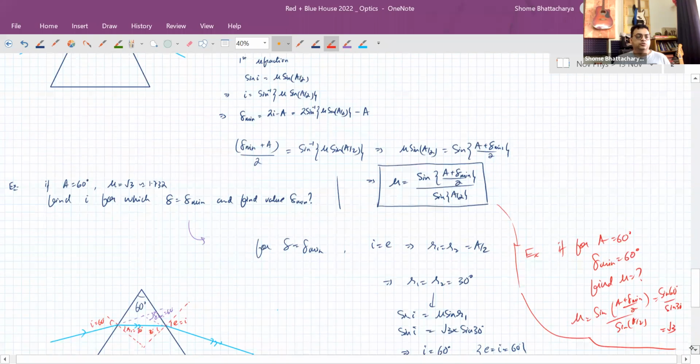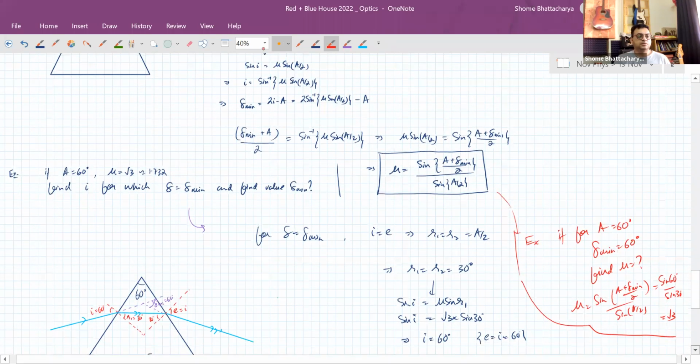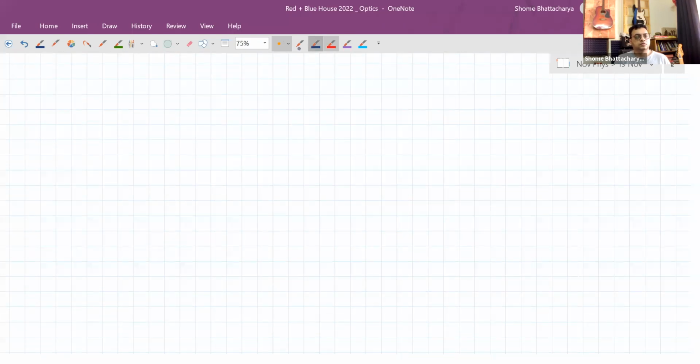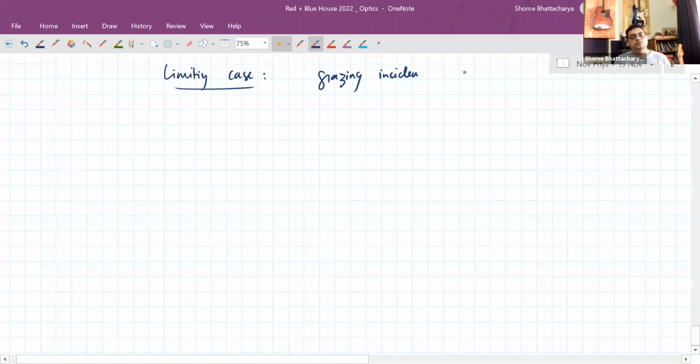Okay. Now moving on, this maximum deviation condition, limiting case. So let's consider grazing incidence. Okay, so we have made I almost tending to 90 degrees.